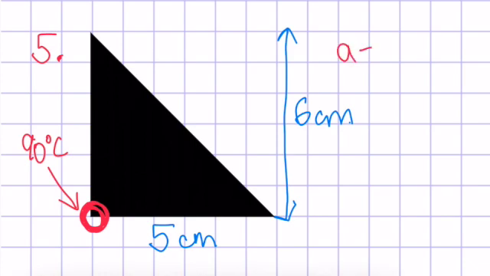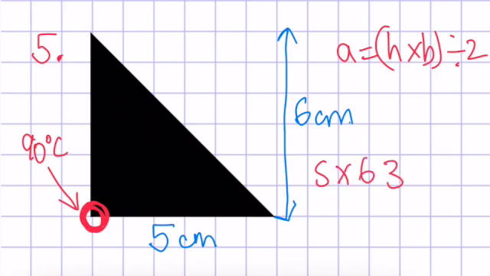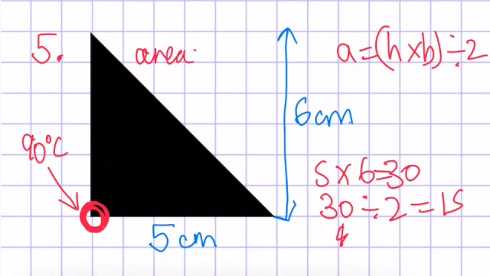Okay, area equals height times base divided by 2. So 5 times 6 equals 30. 30, I know half of 30 by heart is 15. So my answer, the area, equals 15 centimetres square.